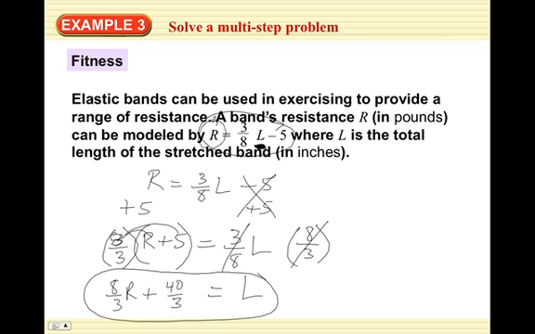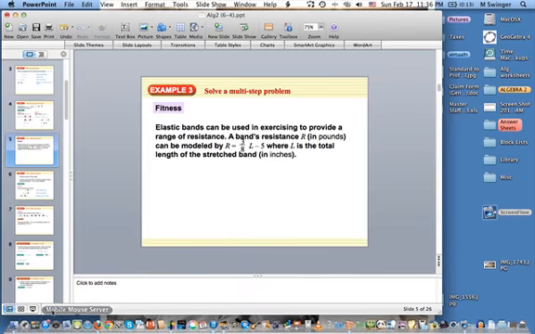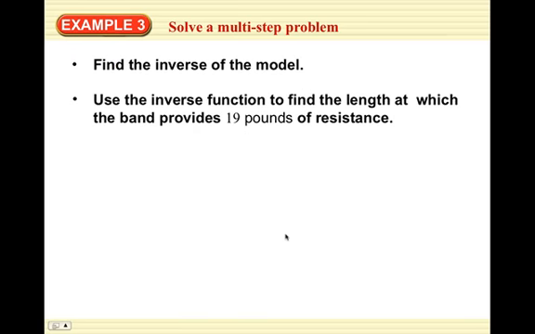There you go. This is solve for L. This one's solve for R, this one's solve for L. That is the inverse of the function. Now, why would you want to do that? Why not do the other way? Because the other question is this: use the inverse to find the length at which the band provides 19 pounds of resistance.